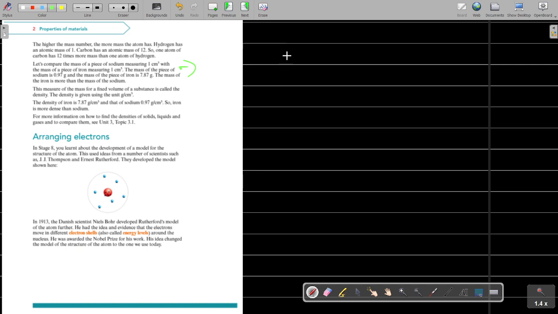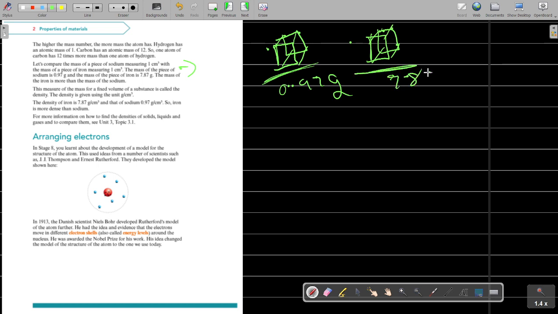Let's compare the mass of a piece of sodium measuring 1 centimeter with the mass of a piece of iron. The mass of the piece of sodium is 0.97 grams, and the piece of iron is 7.87 grams. The mass of the iron is more than the mass of the sodium.